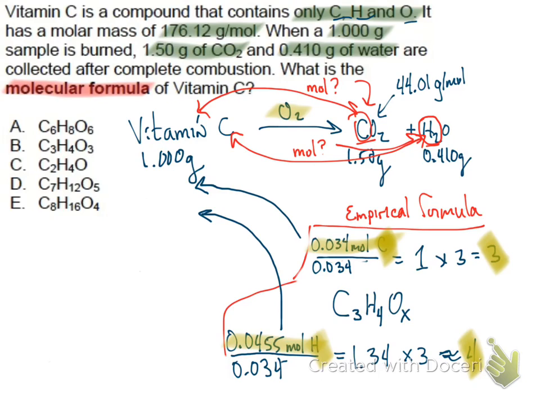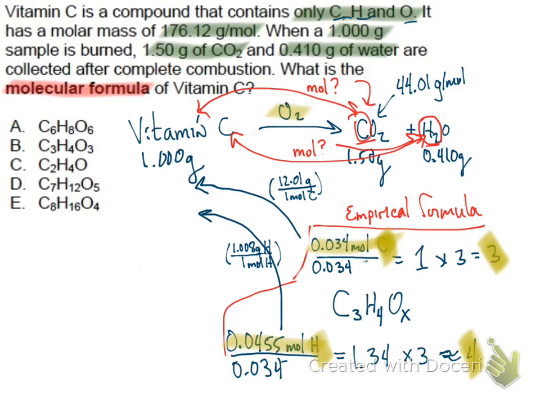Alright, in order to convert moles to mass, what we need to do is put moles on the bottom. We know that 1 mole of carbon is 12.01 grams. For the hydrogen, we know that there are 1.008 grams of hydrogen for every 1 mole of hydrogen. Good.